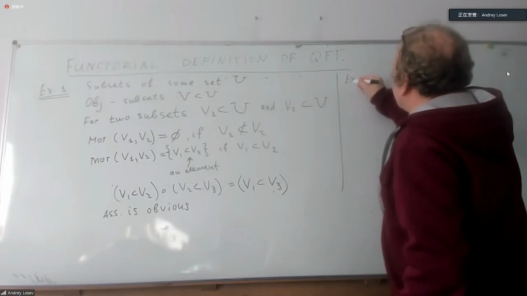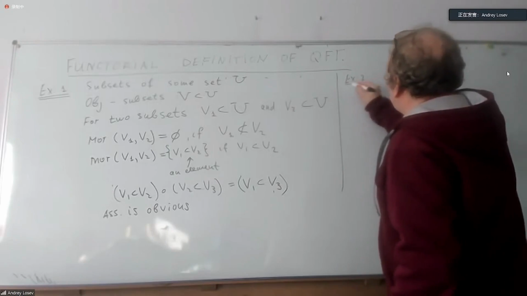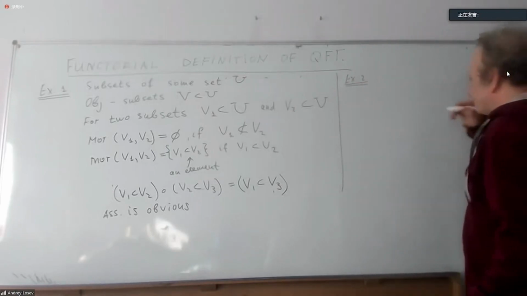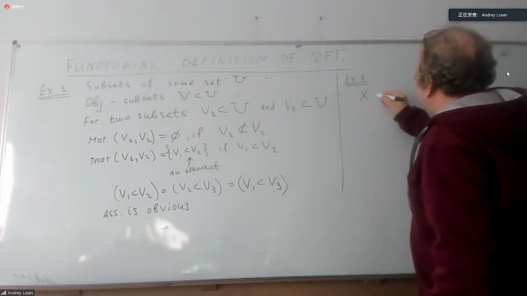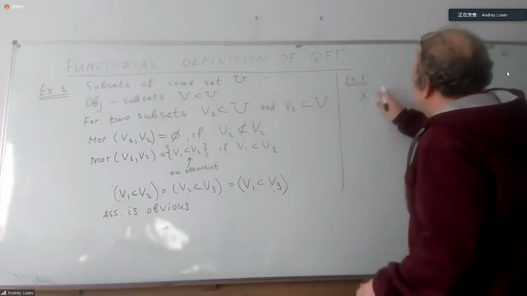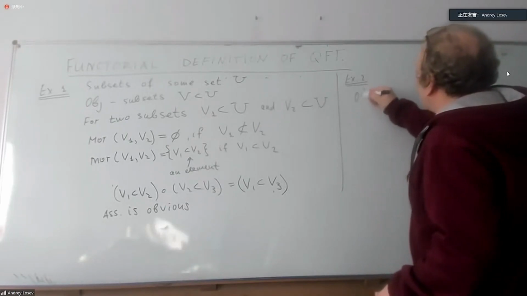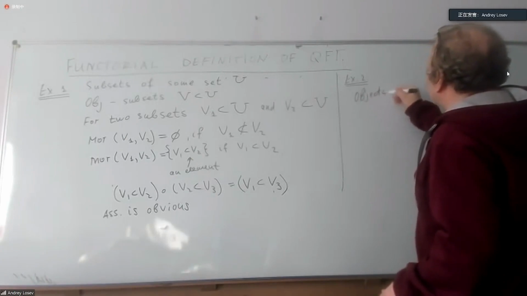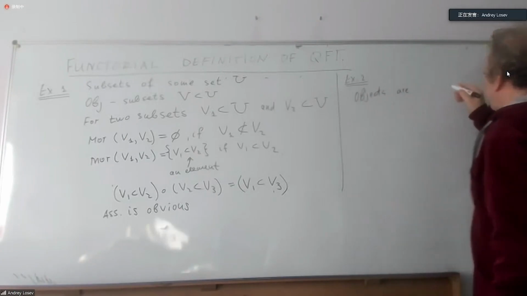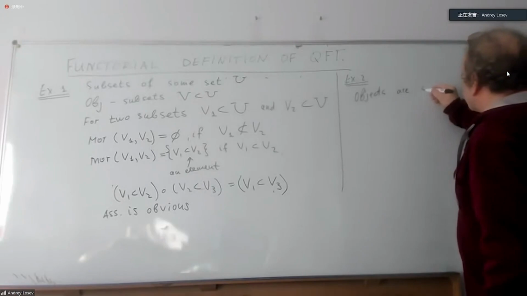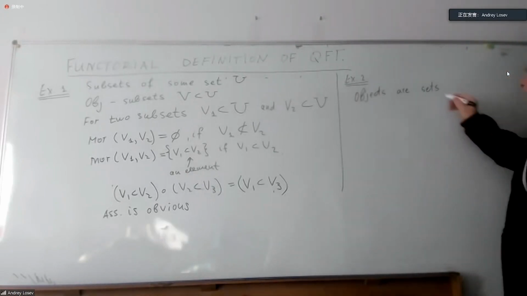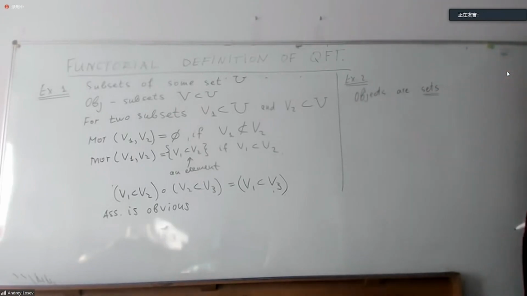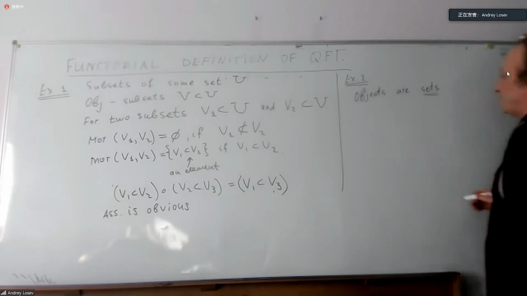Let me consider example number 2. Objects are sets, not necessarily subsets, but just sets. All sets.